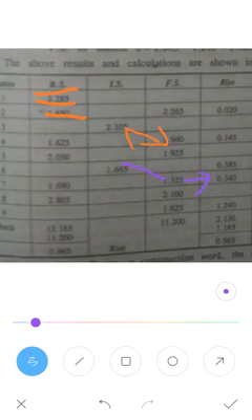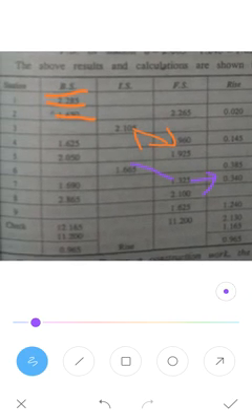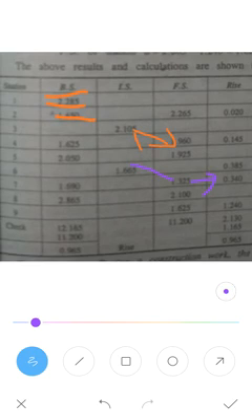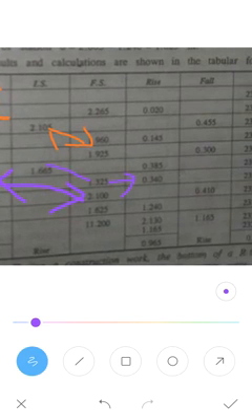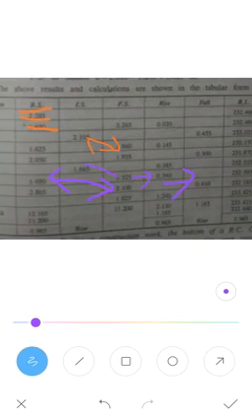Okay, after taking this, the final last one, finally you have to take these two values. Okay, so 1.690 minus 2.100, you will get a negative value, that is 0.410.